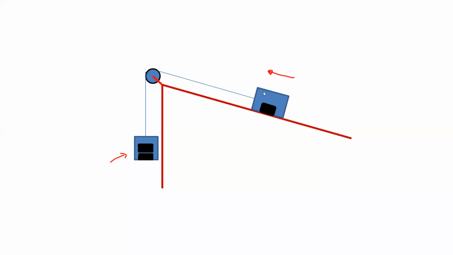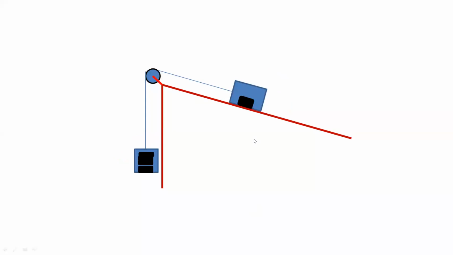It is not completely in the dynamic state, but you can observe some movement in this box. So it will be on the verge of motion. This movement is nothing but the verge of motion. It is not completely moving. So this is the verge of motion or the impending motion.